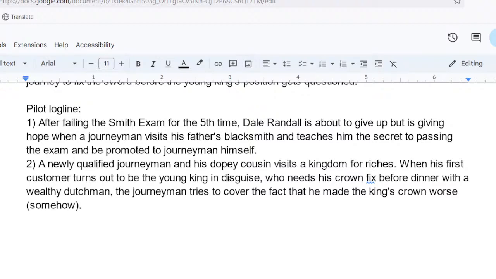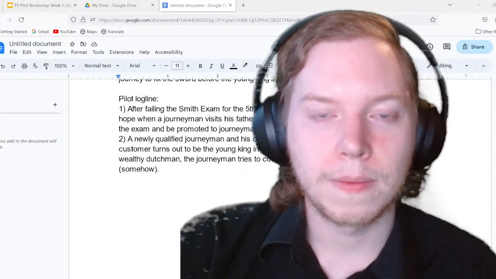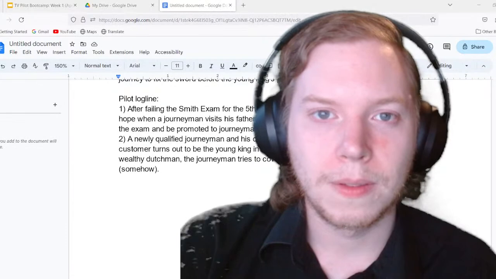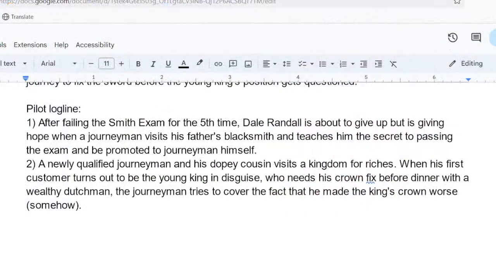Like he drops it, and then he's trying to cover it up before dinner time. So would you say he ruins the crown? Ruins, and he's maybe trying to find ways to glue it back together, or cover it up by making it shiny and making it look all right. Okay. And like he's just advising the king not to move his head a lot. And this is all sort of just taking place in one evening?